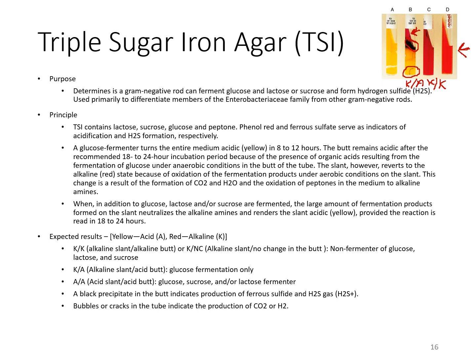And then if we're looking for an acid-acid, so of course this used all three. So you get that acid production in the bottom as well as on the slant. And then you can also see where this particular organism produced gas. So you have a break in that agar.